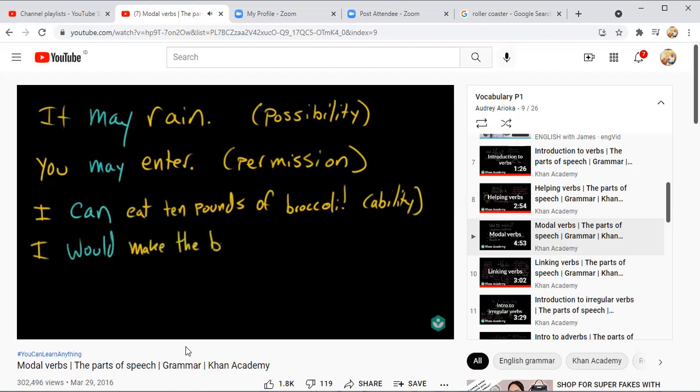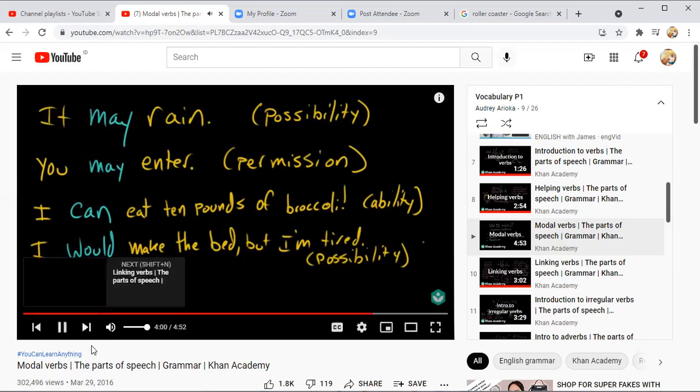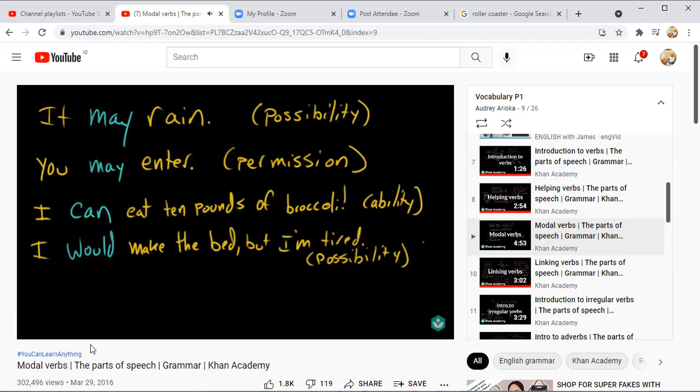So, for example, in this sentence, you would say, I would make the bed, but I'm tired. Because the possibility exists, however remote, that the bed would be made by me, but I don't feel like it. So I'm using would to offer examples. I'm saying this could possibly happen, this would happen, except for this one other problem, which is that I'm sleeping. You can also use modal verbs to give advice to someone, as in, you shouldn't do that.